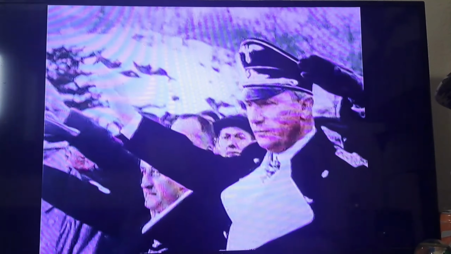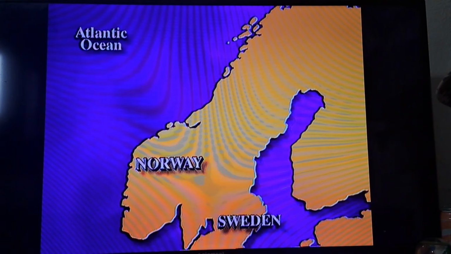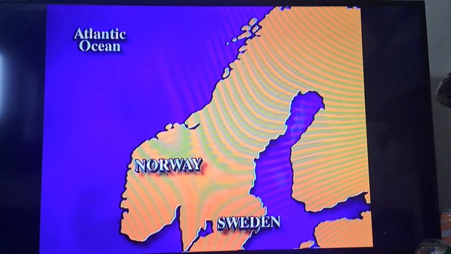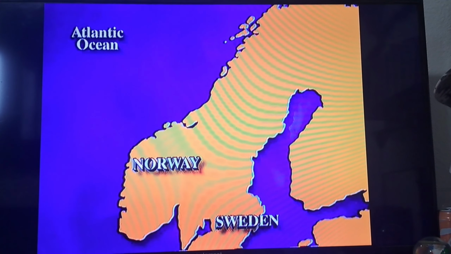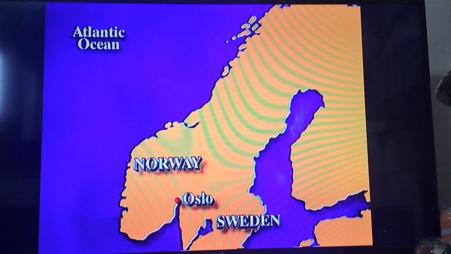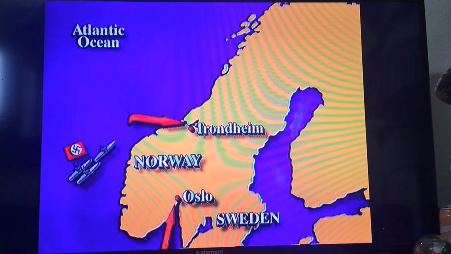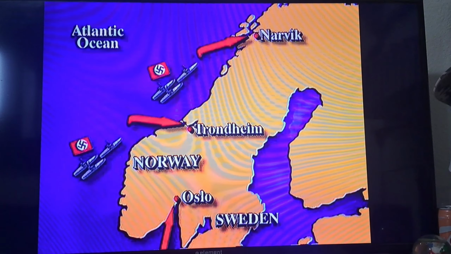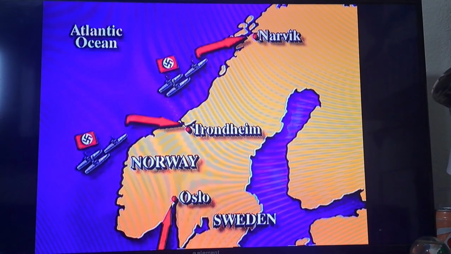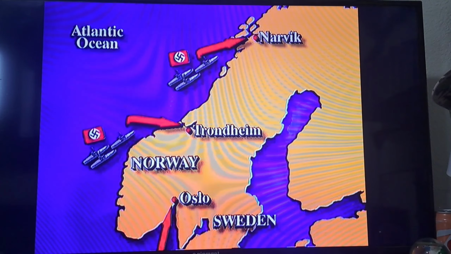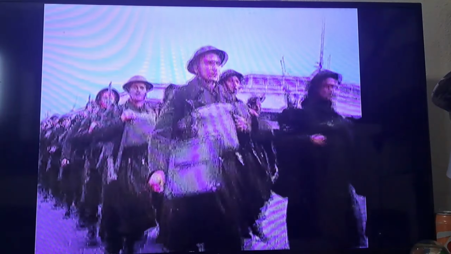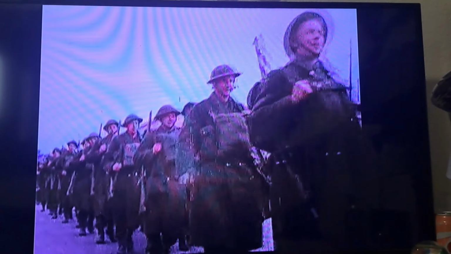In April 1940, Germany invaded Denmark and Norway. Britain wanted to stop the Germans from transporting Swedish steel through the Norwegian port of Narvik.